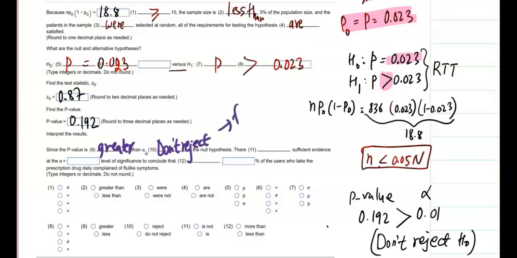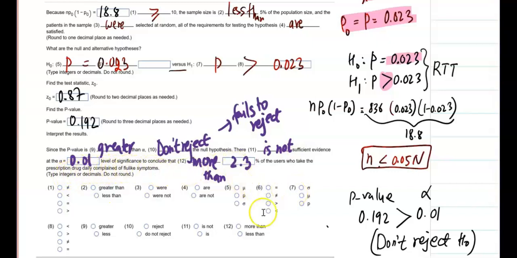Also called fail to reject. Okay, fail to reject the null hypothesis. And so if you do not reject the null hypothesis, there is not sufficient evidence at the alpha equals 0.01 level of significance to conclude that more than 2.3% of the users who take the prescription drug daily complain of flu-like symptoms.